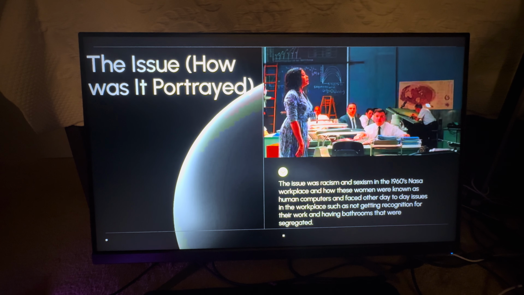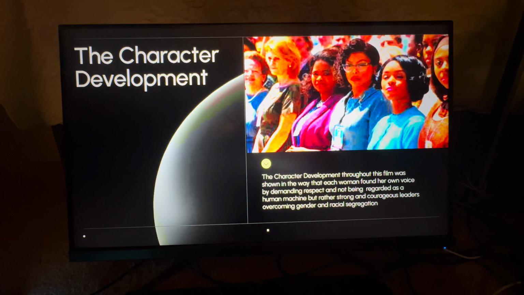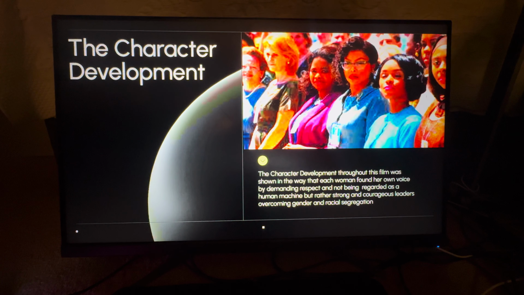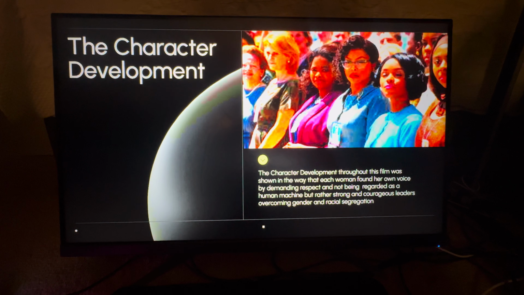Next up, we have the character development. Throughout the film, each woman found her own voice by demanding respect and not being regarded as a human machine, but rather as strong and courageous leaders overcoming gender and racial segregation.